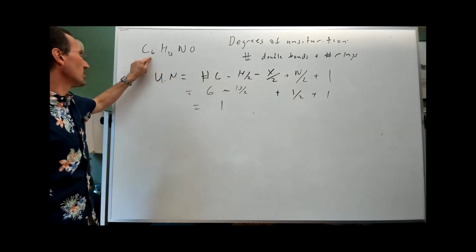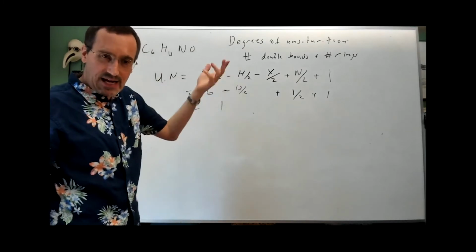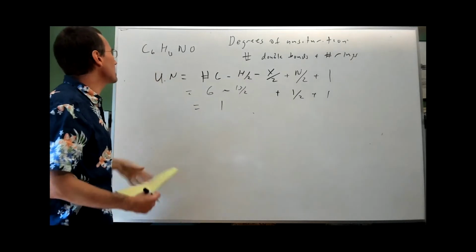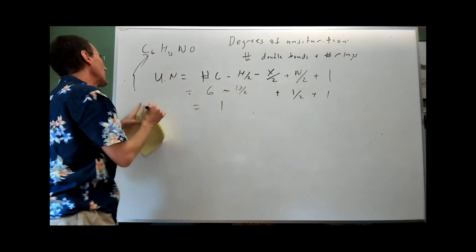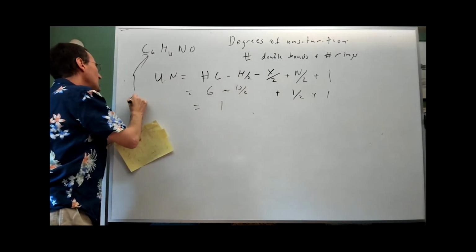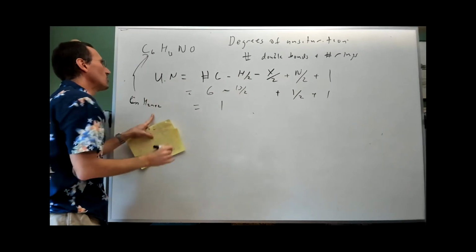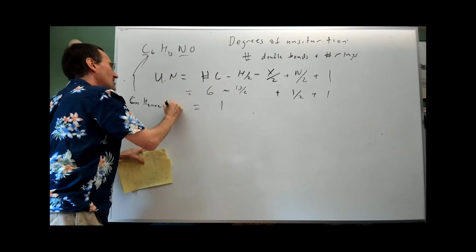I always just look and say, okay, well, I understand halogens count as hydrogens. Silicon, if you have silicon, counts as another carbon. Okay, I say, if this were an alkane, it would be CnH2n plus 2, but we have a nitrogen, so we add 1 more for a nitrogen.